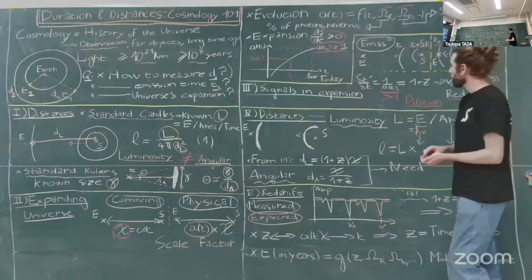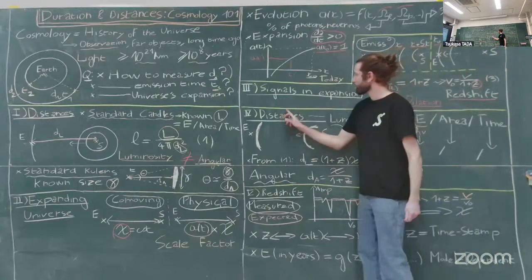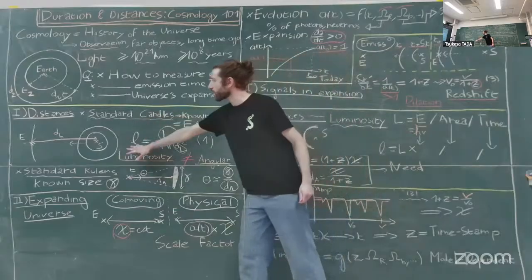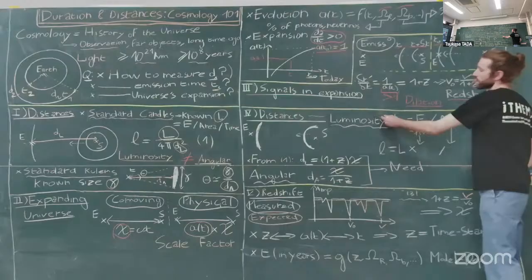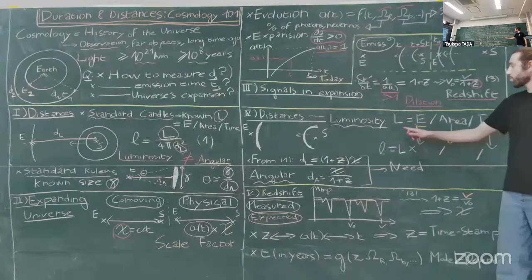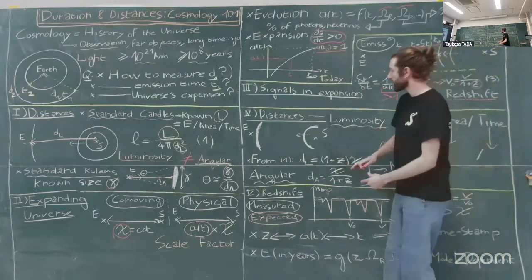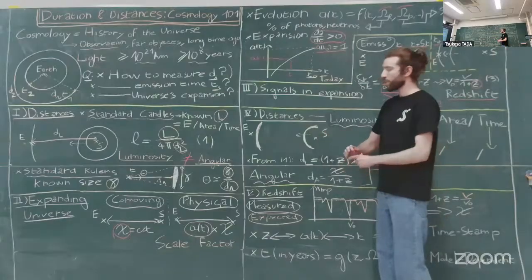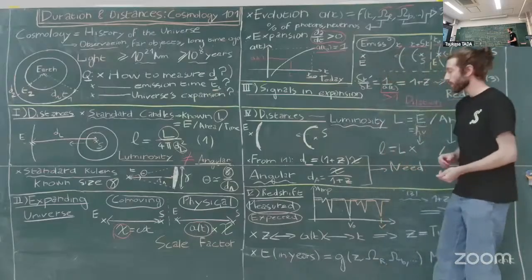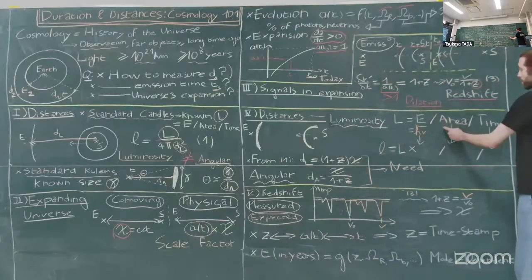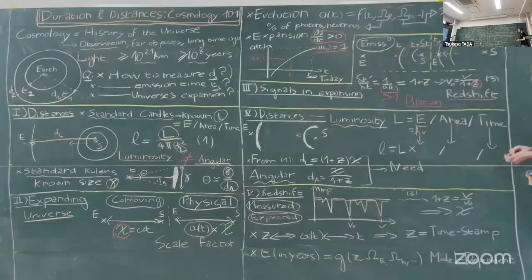Okay, so with that aspect, let me review this discussion of how we measure distances of objects in cosmology, and let me look again at the luminosity distance. So we know the luminosity of a source here. It's emitting a certain amount of energy over a certain area and during a certain duration delta t. And all of these aspects are actually going to be affected by the expansion of space.